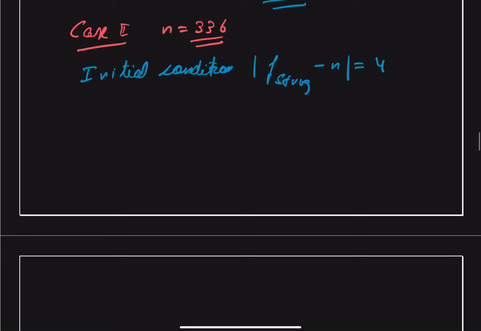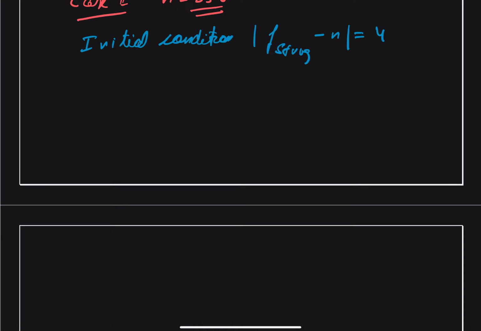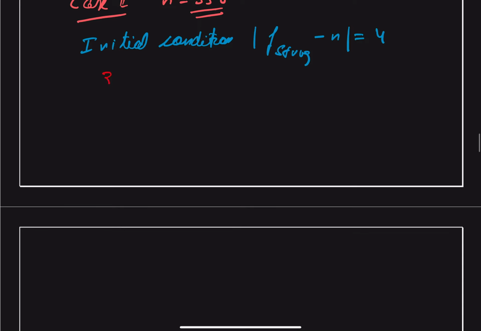F string we already know, the value is our 340. So this gives us 340 minus 336 is equal to 4. So therefore we get 4 is equal to 4. This is also consistent.